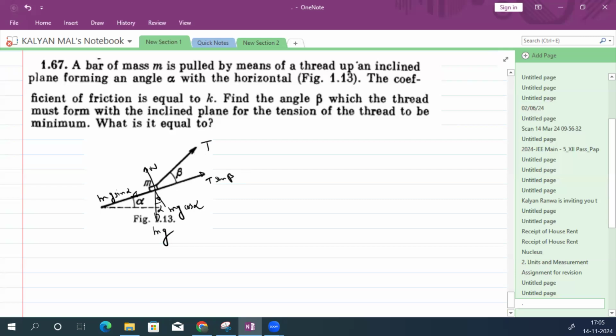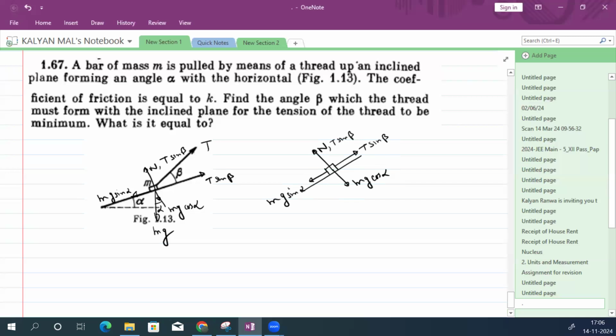So the net forces on the body: in the normal direction are N and T sin beta, and perpendicular and downward is mg cos alpha, along the plane is T cos beta up, and mg sin alpha down.